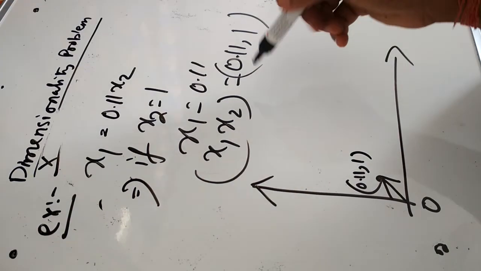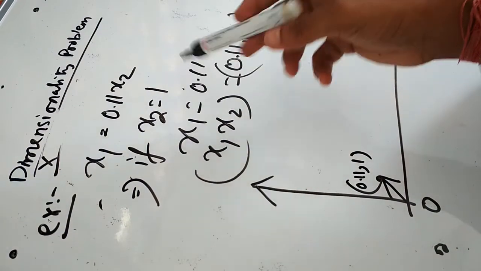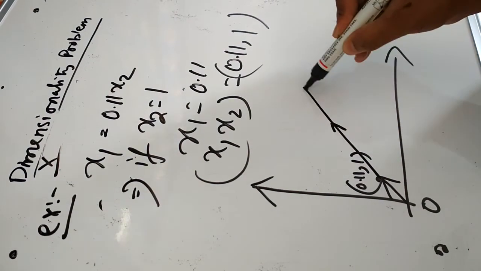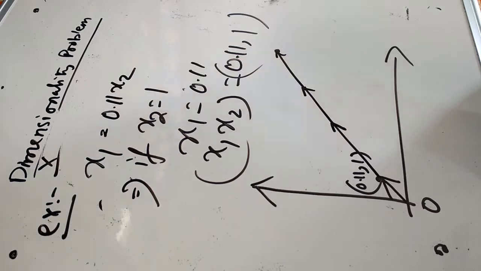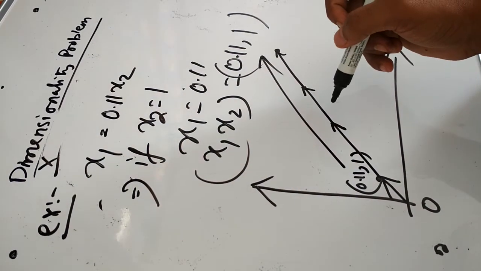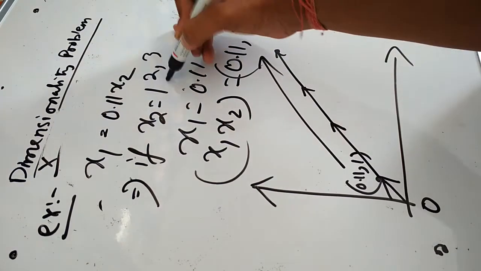This is the first point. Then we can change the value of x2 to 2, and you will get a point here, then here, and this line will go straight. You change the value to 2, then 3, like that.